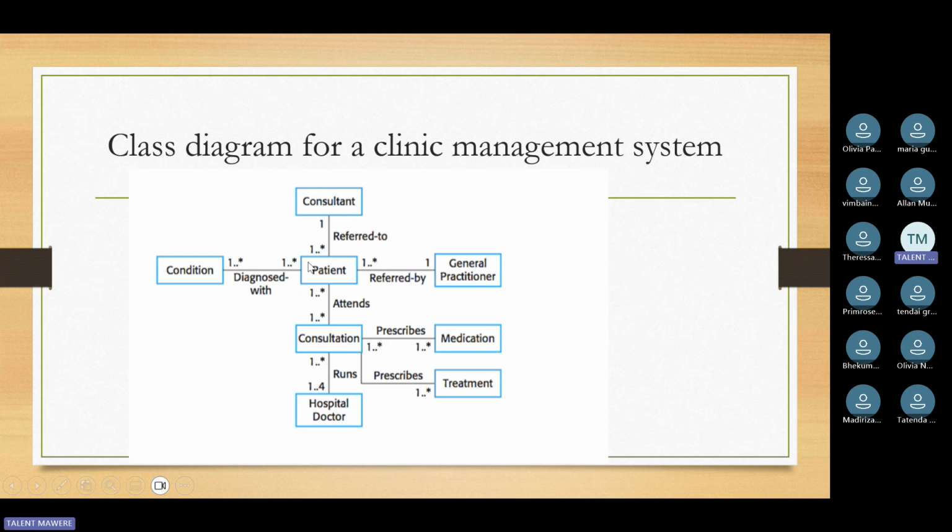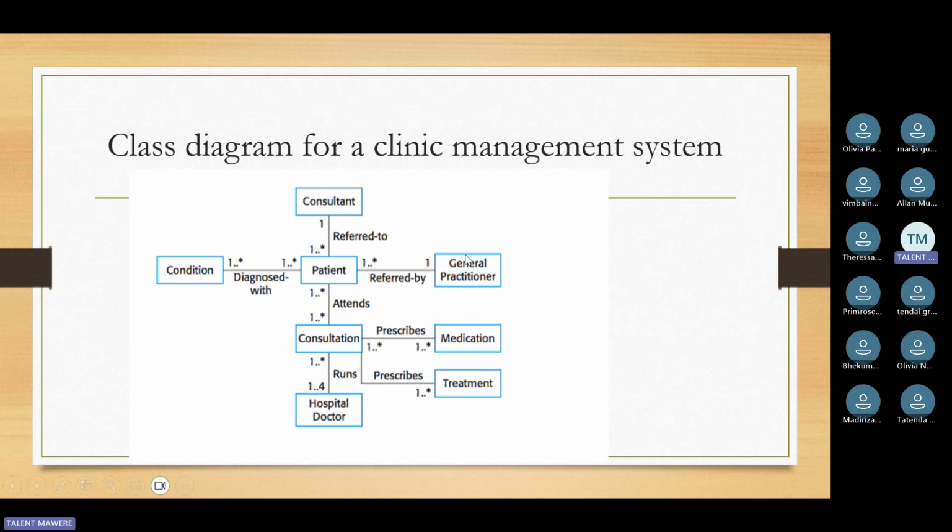Between patient and consultation, a patient attends a consultation. After attending a consultation, they are prescribed medication. They are also prescribed a treatment. When they are consulted, these consultations are usually run by hospital doctors. So this is a diagram that represents a class diagram for a clinic management system.